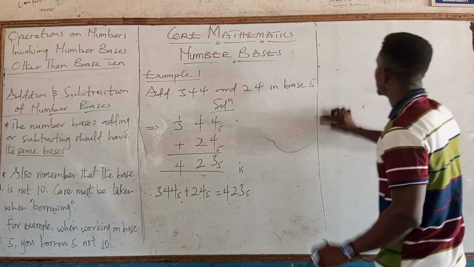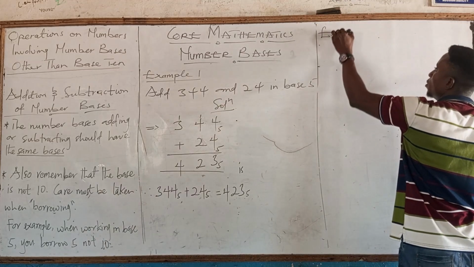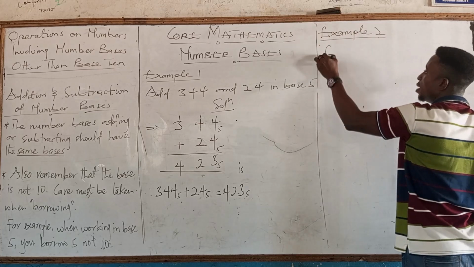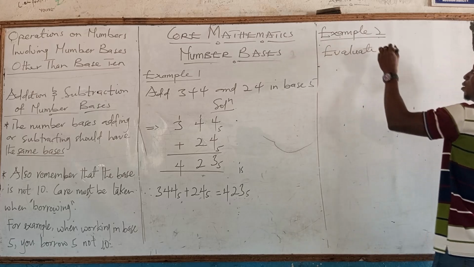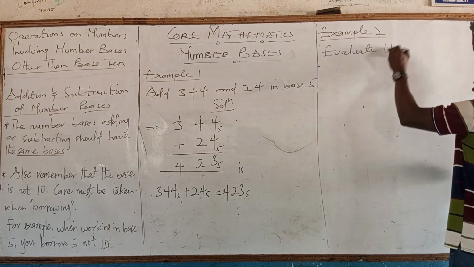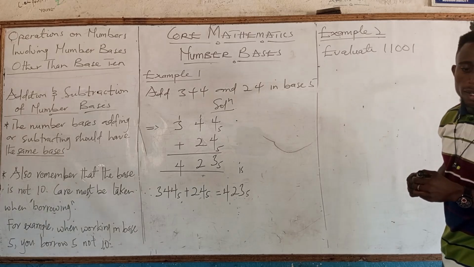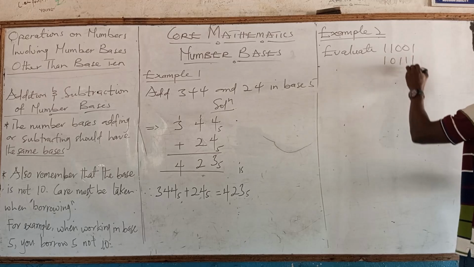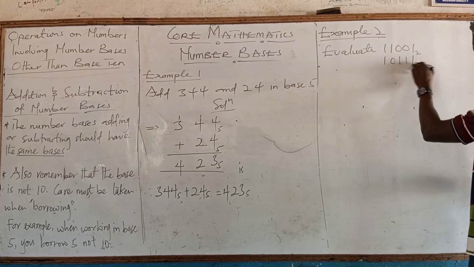In example 2, we are to evaluate 11001 plus 10111, base 2.